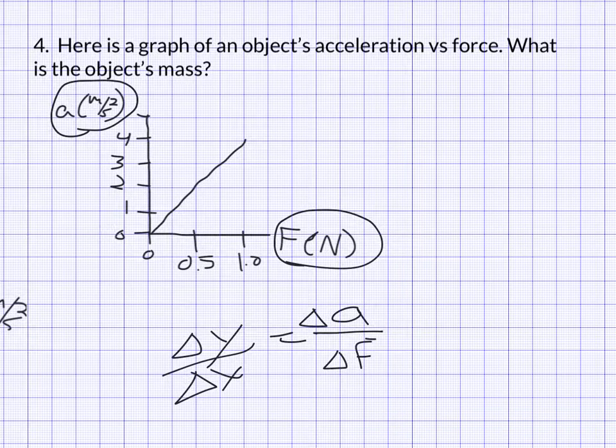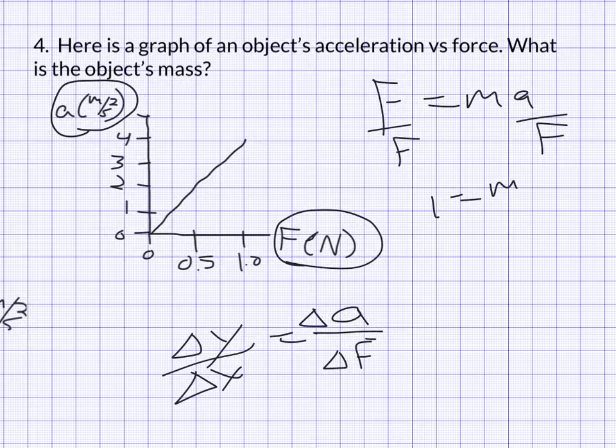Let's look at that. F equals ma. What would acceleration over force be? Well, if I rearrange this, if I divide by F, I would get 1 equal to m times a over f.